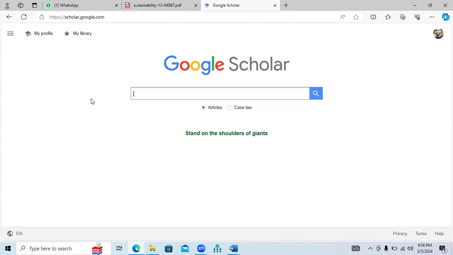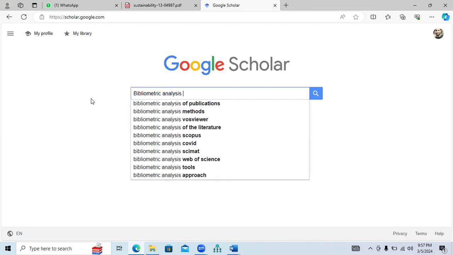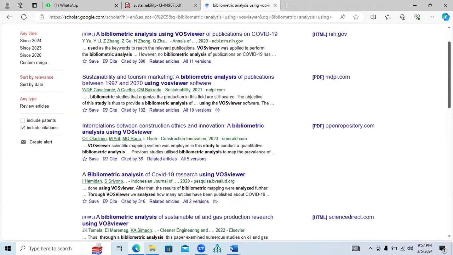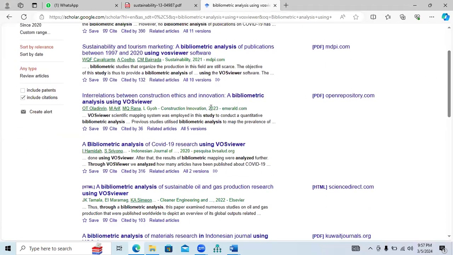For example, I would like to see this one. It will show me all of the publications which are available for conducting bibliometric analysis. The paper I was showing you was related to sustainability and the tourism market. You can see any paper where bibliometric analysis has been done.